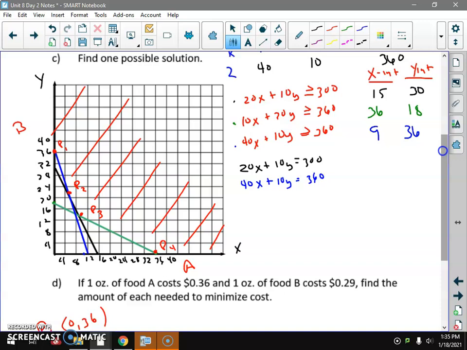And again, I'm finding P2. What I would do is negate the bottom equation, getting the y's to eliminate. 20 minus 40 is negative 20x. 300 minus 360 is negative 60. Divide by 20, x equals 3.